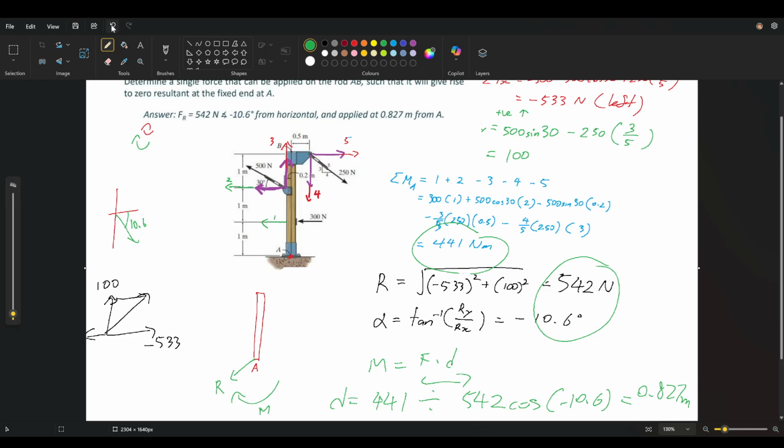I just want to draw one arrow because I am stupid and petty. So for the moment about A, if I were to draw my resultant force on A, there's no moment. I can't find a moment. So I have to draw a moment. But I don't want to draw the moment line because I'm lazy. So how do I induce a moment but yet not draw the moment arrow?